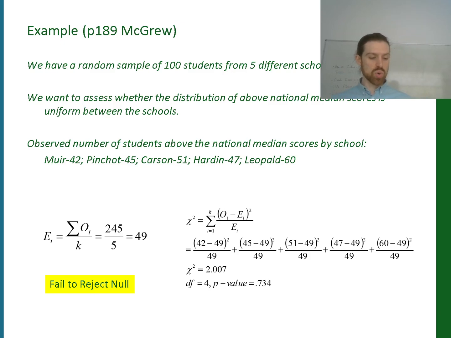Obviously, you need to make sure that you're reading the McGrew chapter each week to keep up with this content. So you need to be focusing on chapter 12 this week. But if you look at page 189 in McGrew, then we have a breakout box there, and it's going to be covering just this small little example related to the performance of schools, and the number of students at those schools which are actually performing above the national median on the SAT test, so the Scholastic Assessment Test or Standardized Assessment Test, whichever one you want to use as the acronym.